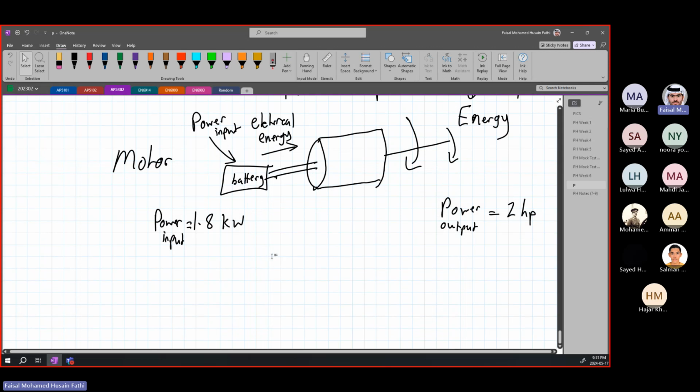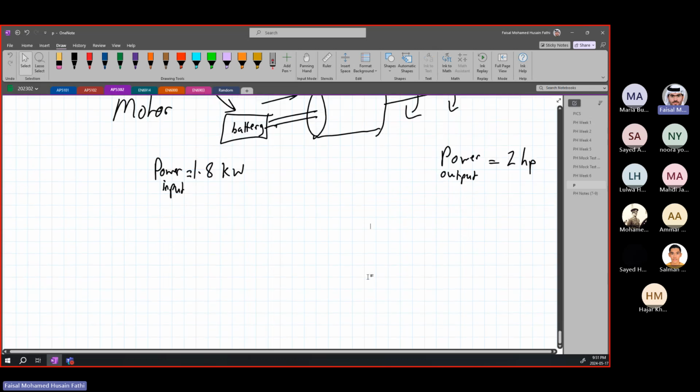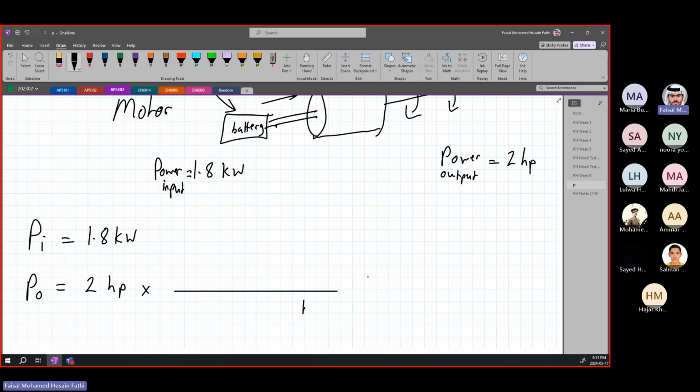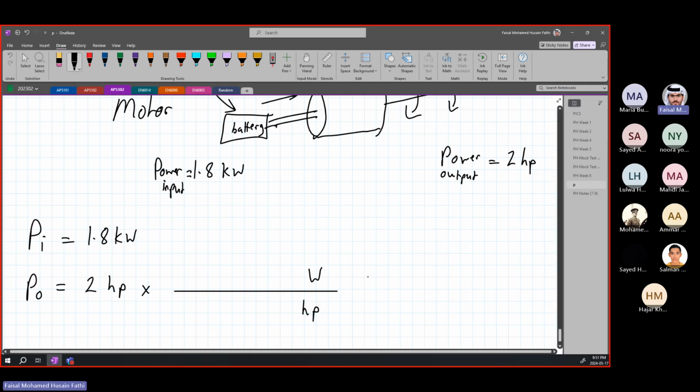We want to determine efficiency. First things first, we need to convert this into watts. So let's call this PI is equal to 1.8 kilowatts and PO is equal to 2 horsepower. We need to convert this into watts. So we're going to put HP down and watts up.